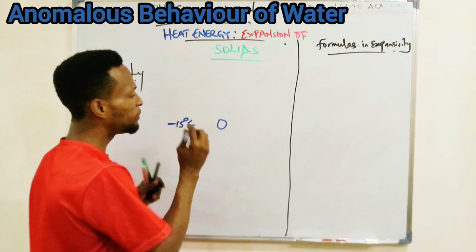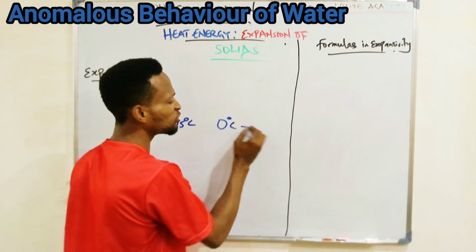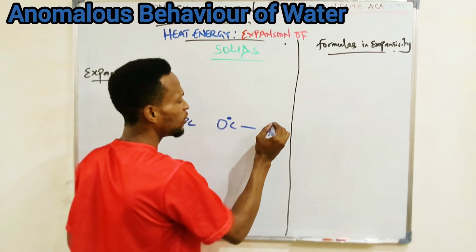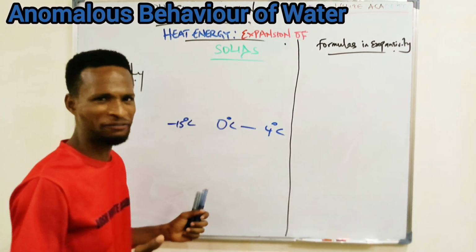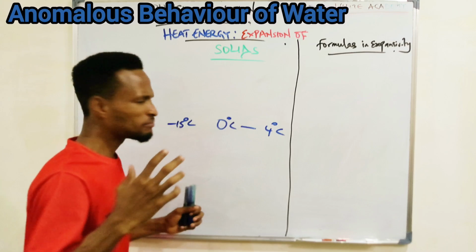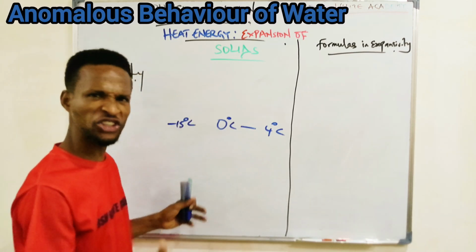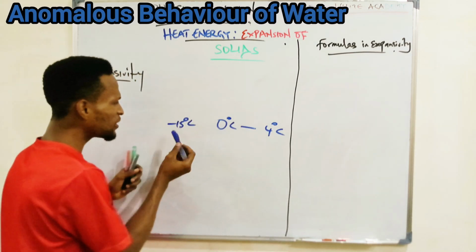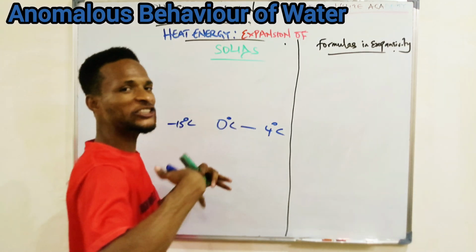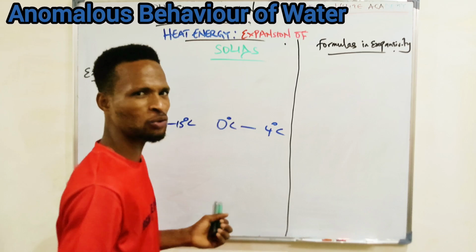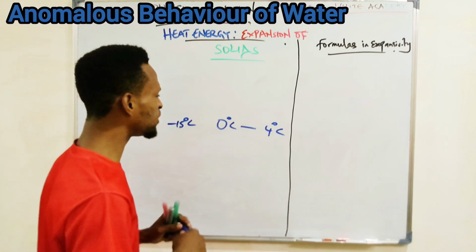Now, between 0 degrees Celsius and 4 degrees Celsius, we know from the beginning of the class that heat causes expansion. So from 0 to 4, we should also expect an expansion. But water does something unique.